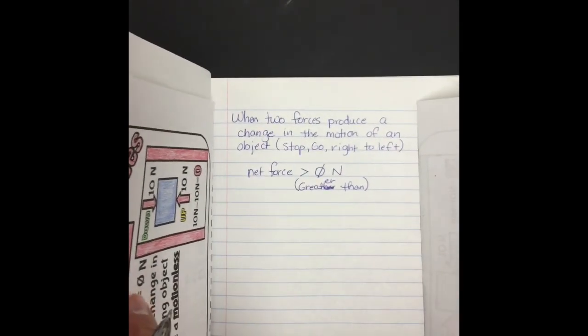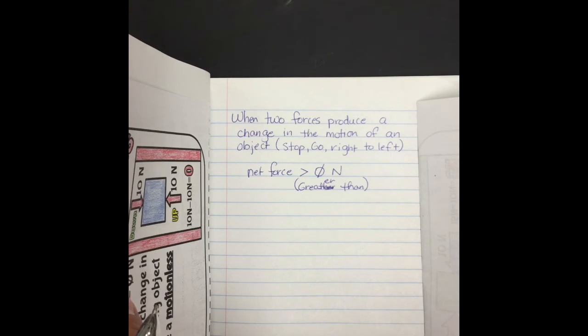So when two forces produce a change in the motion of an object, that means stop and go, right to left, then that net force is greater than 0 newtons.